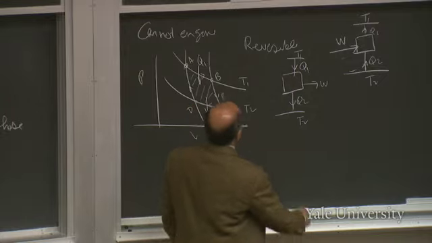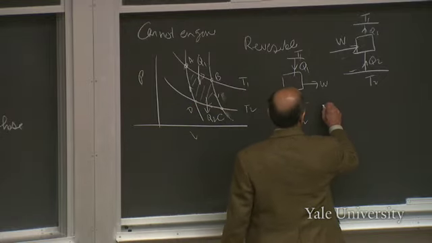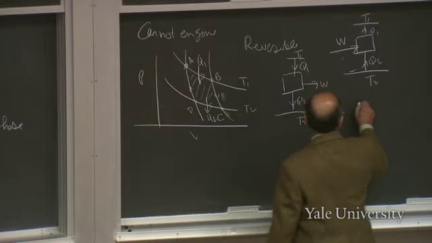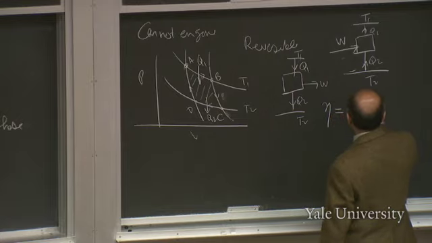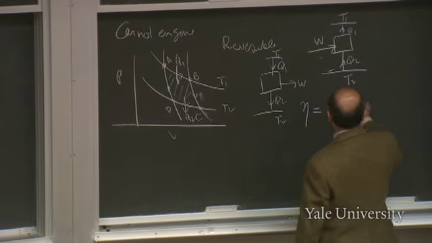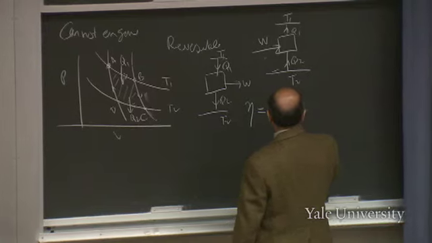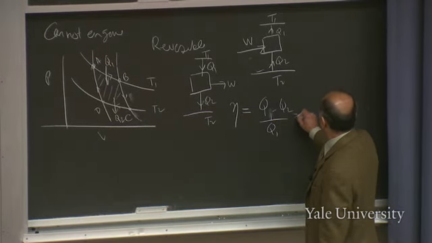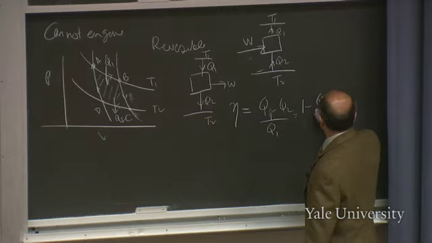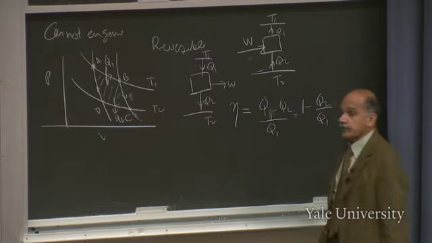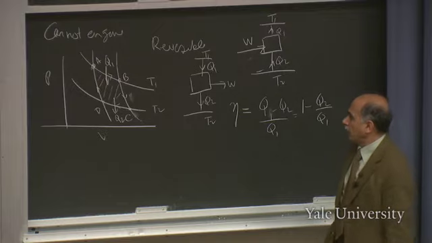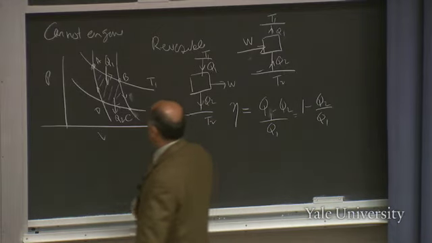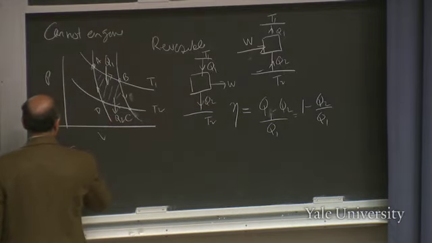So the efficiency of the engine, eta, is (Q1 minus Q2) over Q1, or 1 minus Q2 over Q1. Well, Q1 and Q2 are pretty easy to calculate. Let me tell you why.